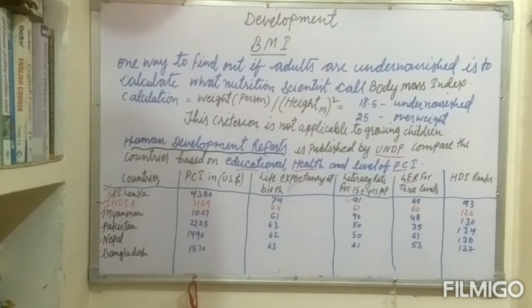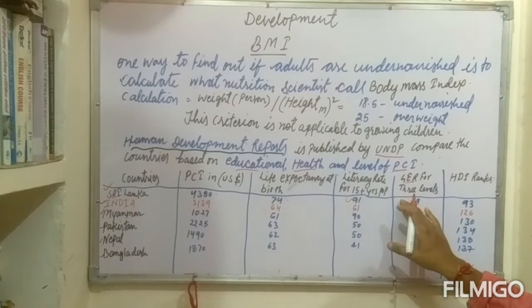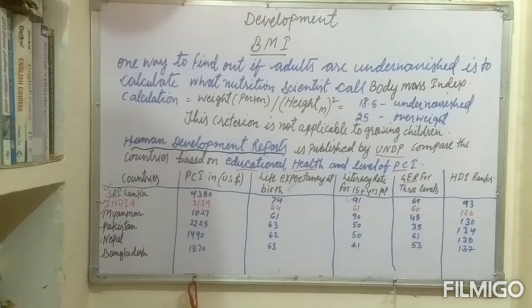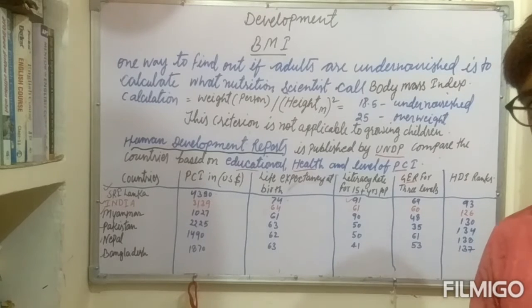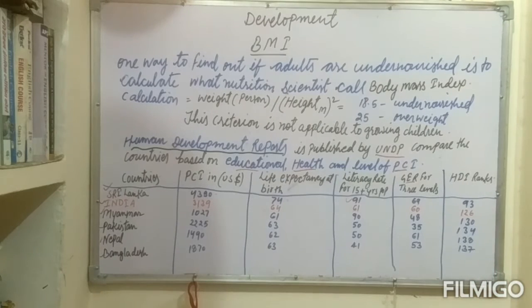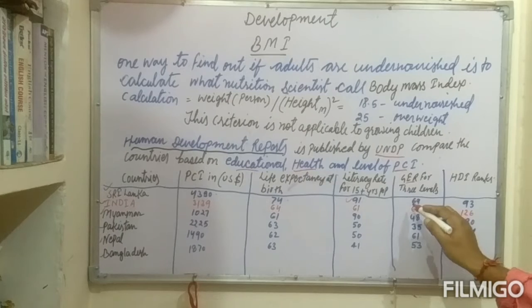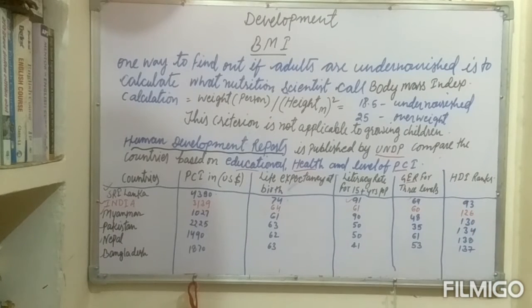where we take the level of education at 3 stages, primary level, secondary or middle level, and higher level of education, where we find out their presence in school at the different levels. Sri Lanka is nearly 70%, which is a good performance.